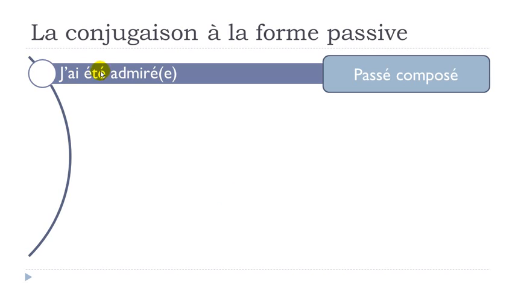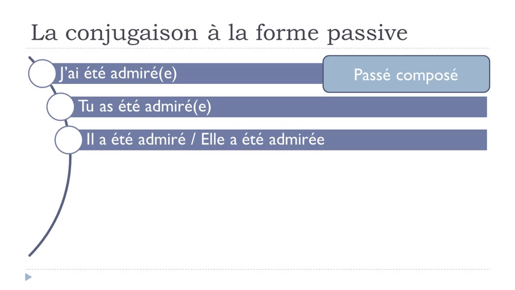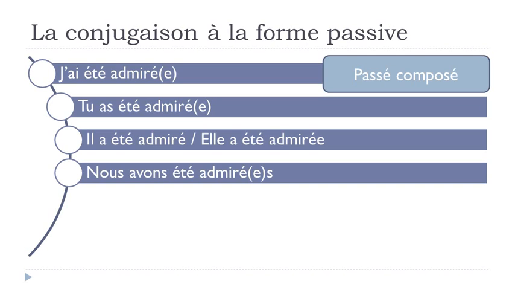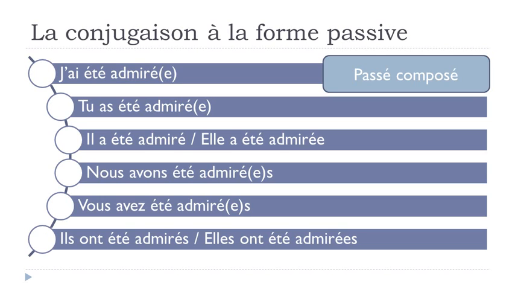So you can see that here you've got j'ai été, all right? So it's the verb être, to be, okay? But at the passé composé form, all right? Tu as été admiré, il a été admiré, elle a été admirée, nous avons été admirés, vous avez été admirés, ils ont été admirés, elles ont été admirées.